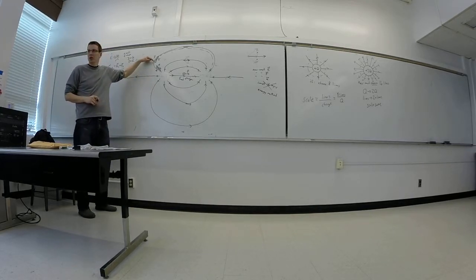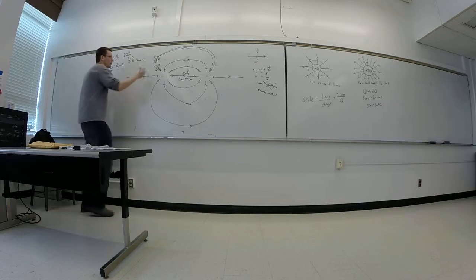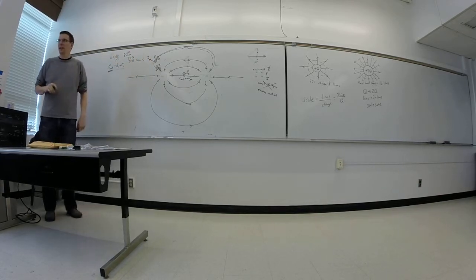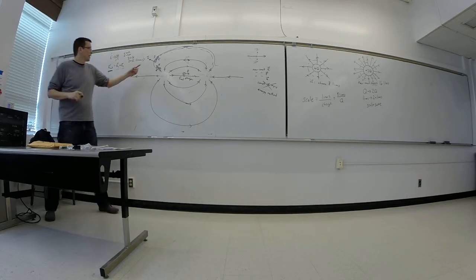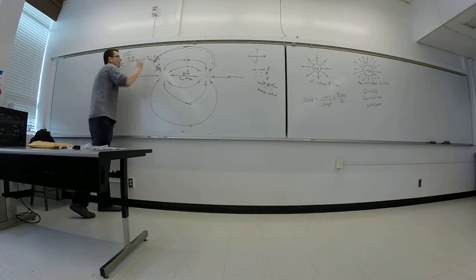If you drop a charge at rest here with no pre-existing velocity, yes, it will speed up going this way. But what if it arrived at that point already with some past history of motion and it's going like that? It's not just going to forget it was going that direction. It has inertia, so yes, it will feel a nudge going this way, but that will mean it just gets nudged there.